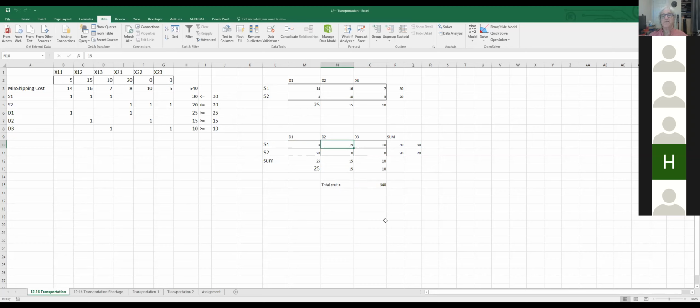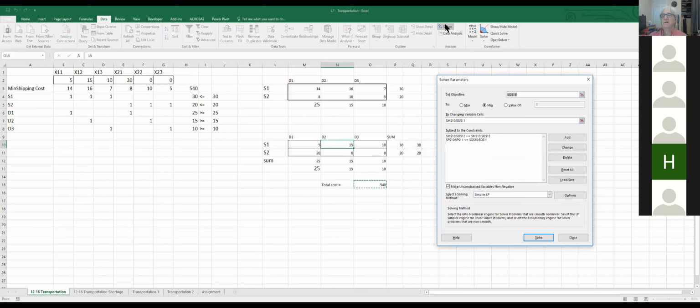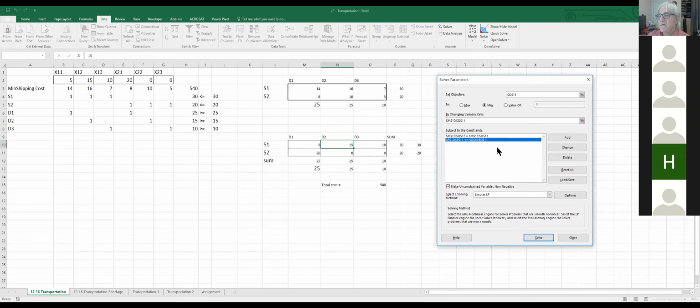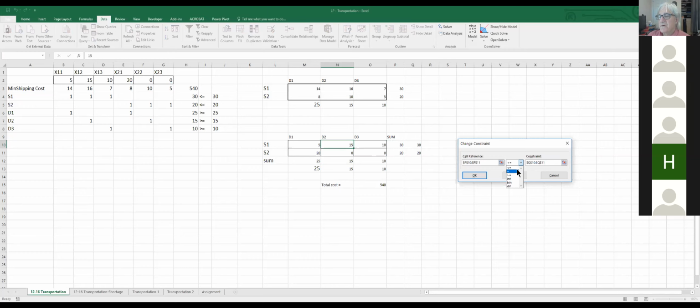Now I want you to see something else. What would have happened if I insisted on equal, equal, equal, equal, equal? It should be the same solution. Should make no difference, but I want you to see something. So I'm changing the constraint, change it to equal to. And the second one also to equal to.